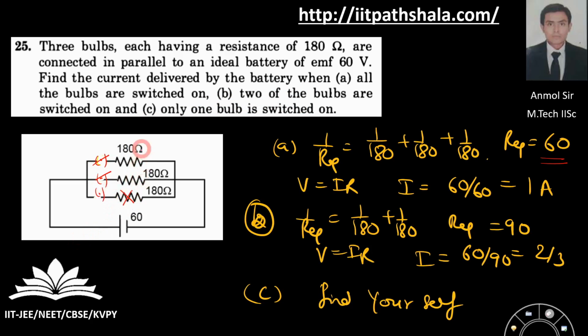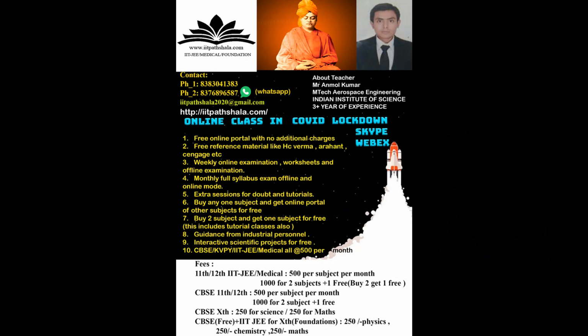So just put both of them in parallel over here. You'll land up with this R equivalent, V equal to IR, and find out the I. Okay, simple. Now part C, you have to find by yourself. It is very easy.